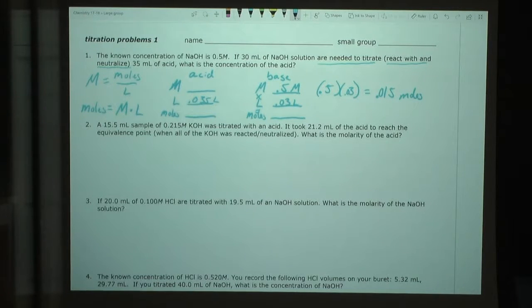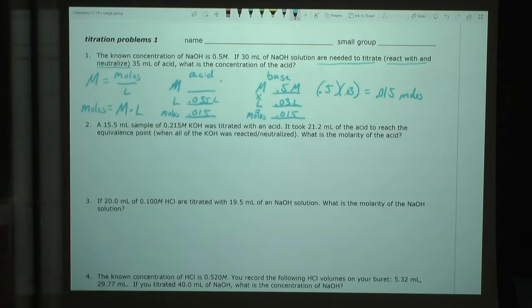My moles is 0.015. What's my moles of acid? 0.015. If I know moles and I know liters, can I convert to molarity? How do I find the molarity here?